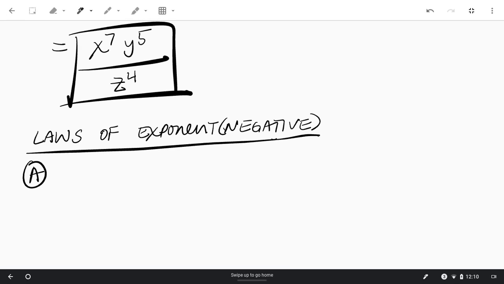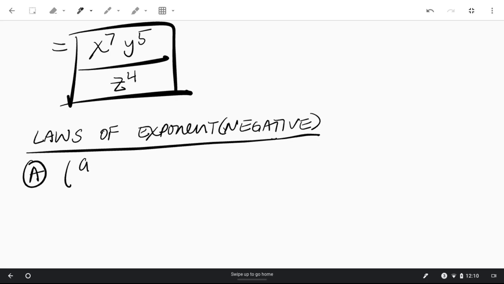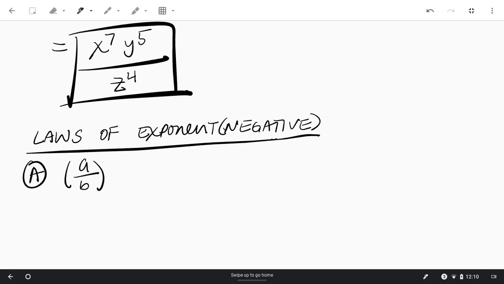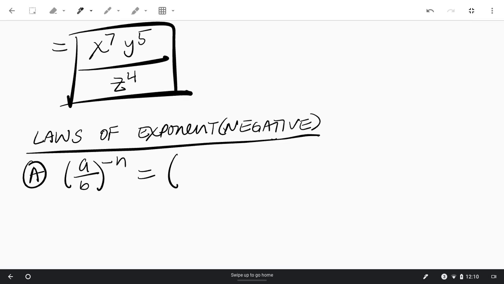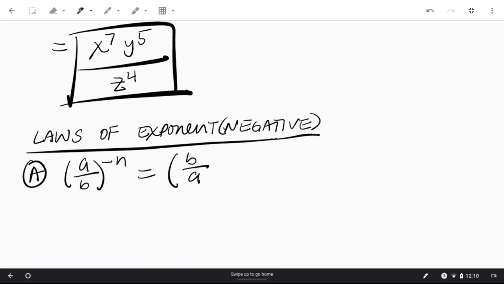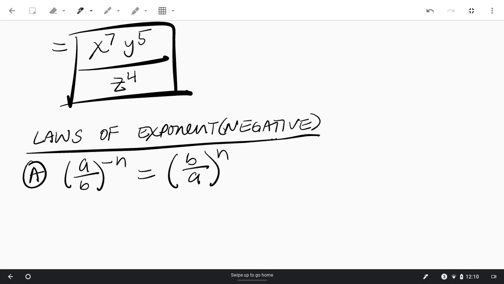They're basically the same, but I was talking about this earlier. If you have a negative exponent, then you take the reciprocal and the exponent becomes positive.